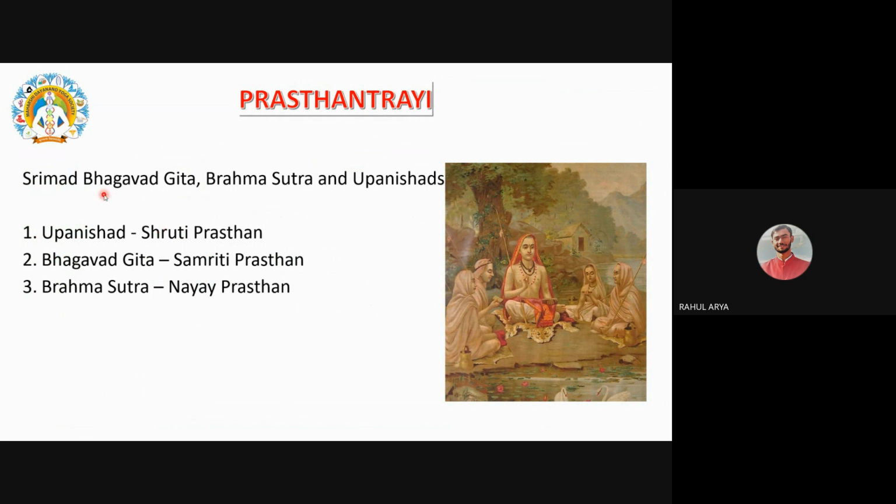He wrote a bhasha on the Bhagavad Gita, a bhasha on the Brahma Sutra, and a bhasha on the Upanishads. So it is the parameter or criteria to prove whether you are really the most intelligent guy or not. If you are able to write a bhasha on these 3 important texts, then in the ancient period they considered you really intelligent.